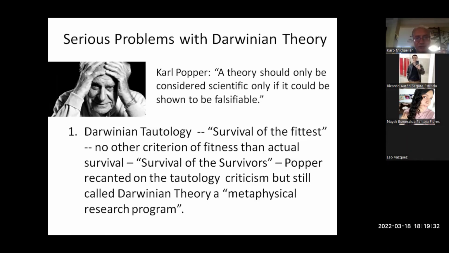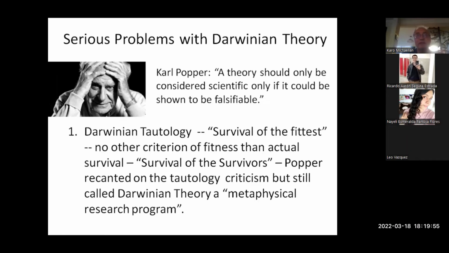But the tautology still remains, even though Popper recanted, there is still some tautology, because unless you define adaptation in terms of actual physics and chemistry and the fundamental laws of nature, you're not going to get away from that tautology.